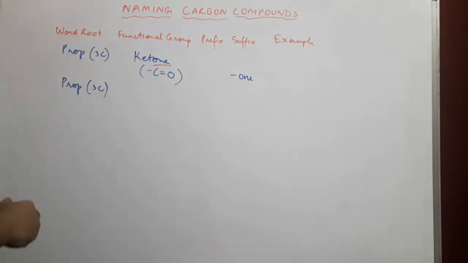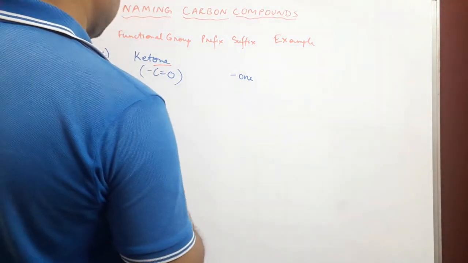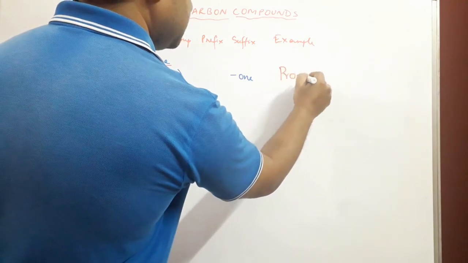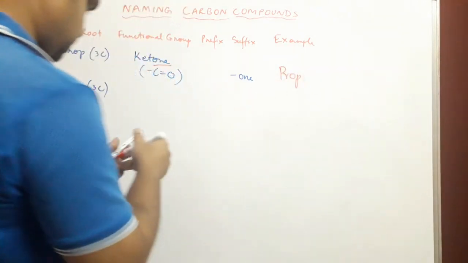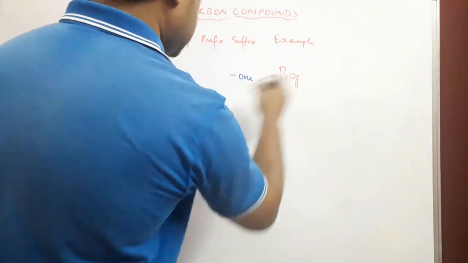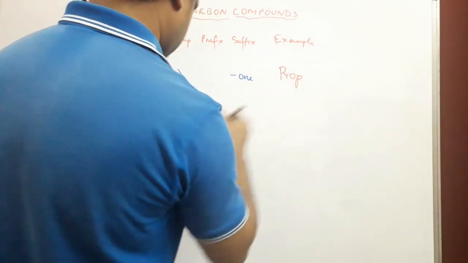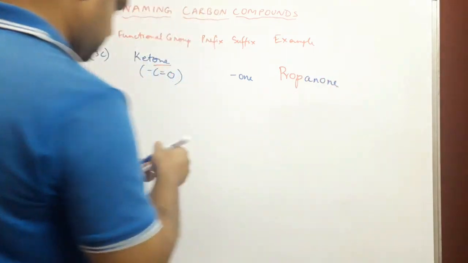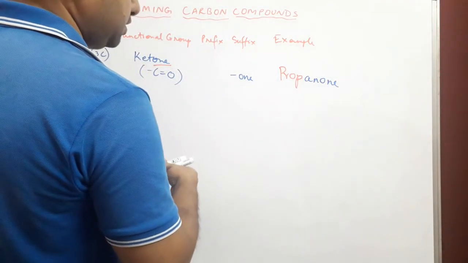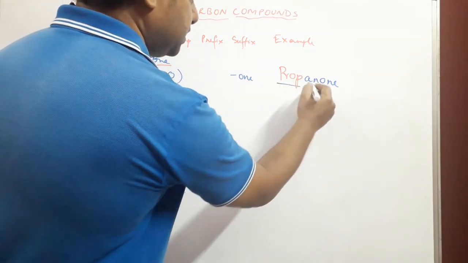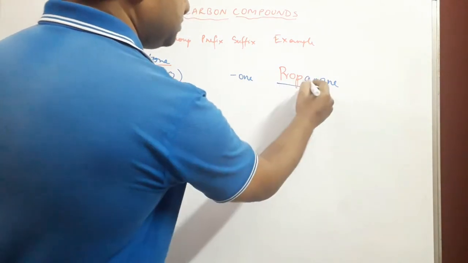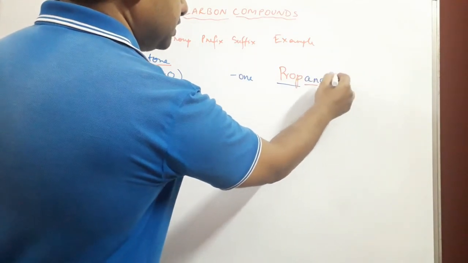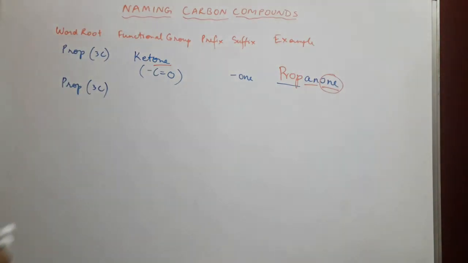When you have three carbon atoms, the example would be propanone. The prop is telling you that there are three carbon atoms. AN is telling you straight chain, single bonds, and ONE is telling you the functional group.